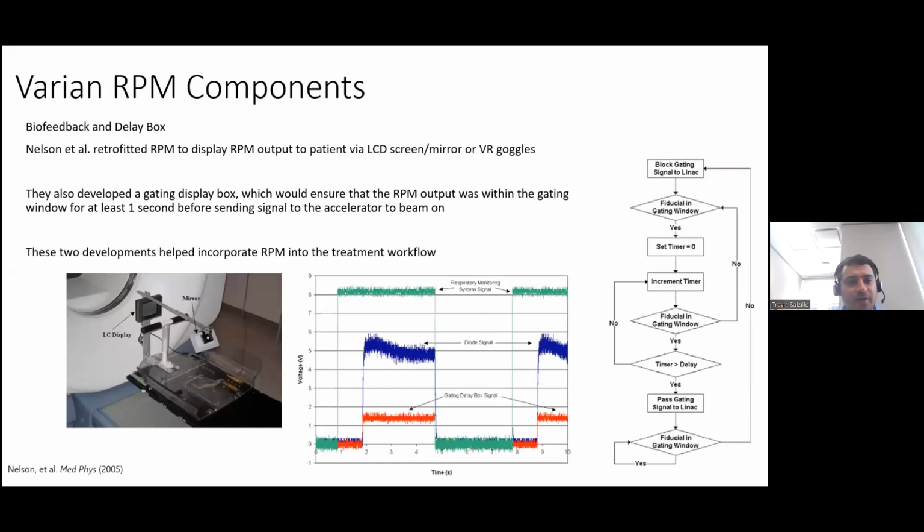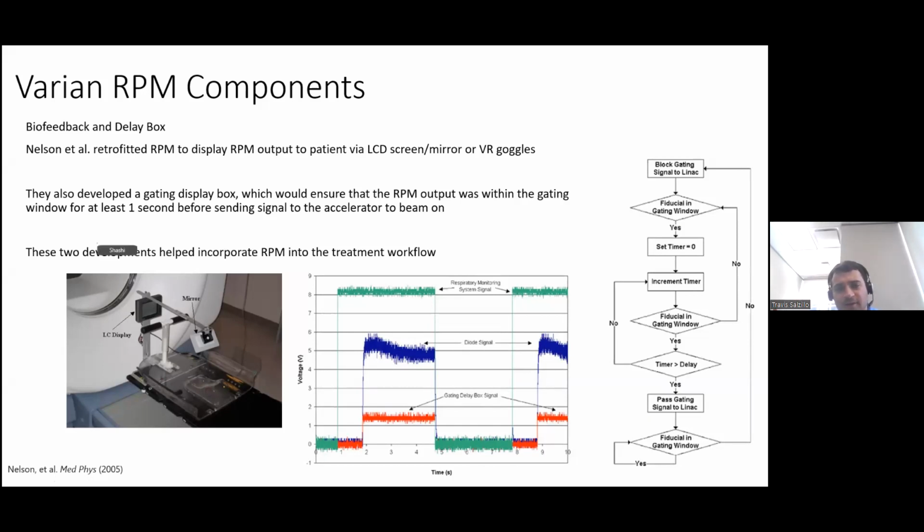There was some really interesting development when this first came out. The first thing was getting biofeedback incorporated into this device. They actually had either VR goggles, which are used now, or this LCD display with a mirror. This helped the patient see exactly where their breath hold was, if they were taking too deep of a breath or not a big enough breath.